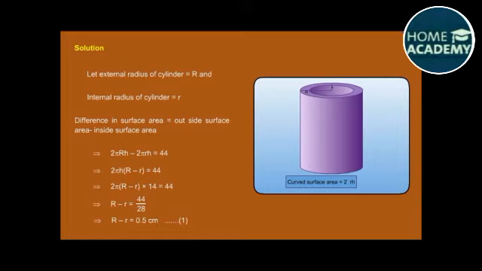It implies 2 pi h into capital R minus small r is equal to 44. It implies 2 pi into capital R minus small r into 14 is equal to 44. It implies capital R minus small r is equal to 44 upon 28, which is 0.5 centimeter. Equation 1.